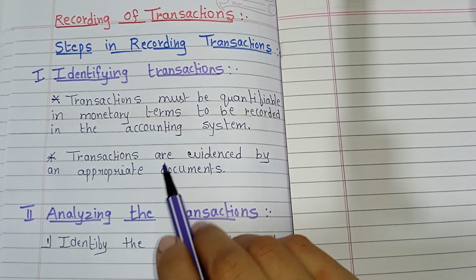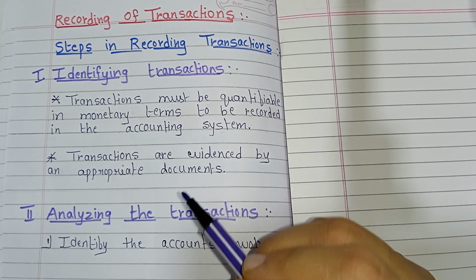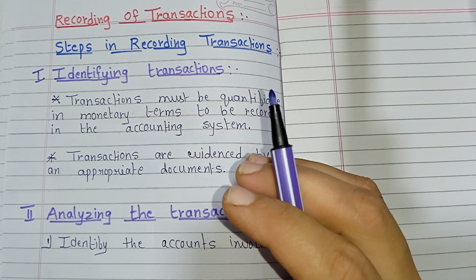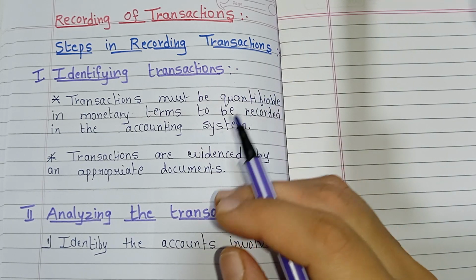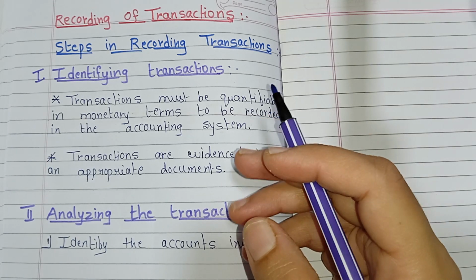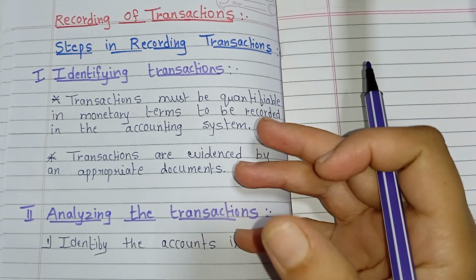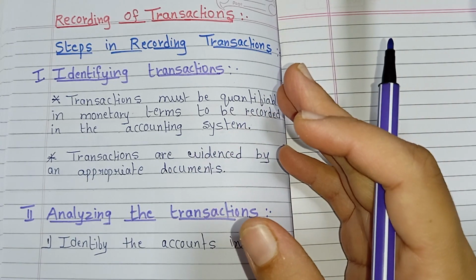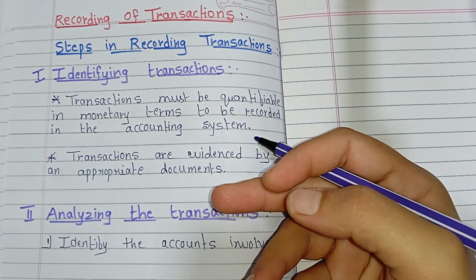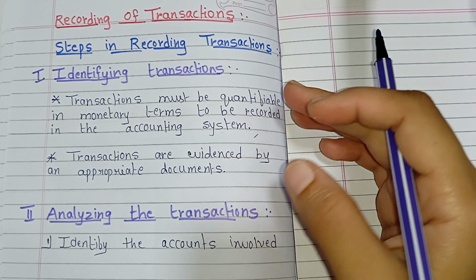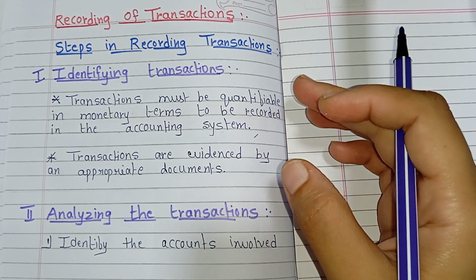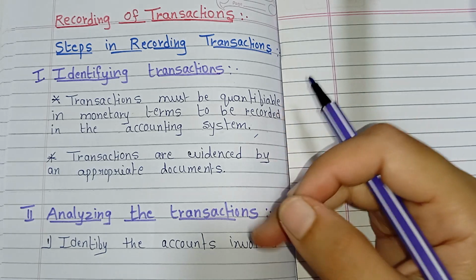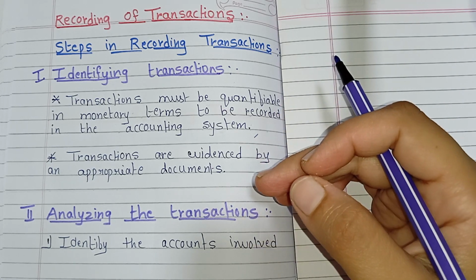Means the transactions are evidenced by appropriate documents such as a cash memo, invoice, sales bills, bank statements, or salary slip. Fine, these are examples of evidence. These are supporting the transactions.